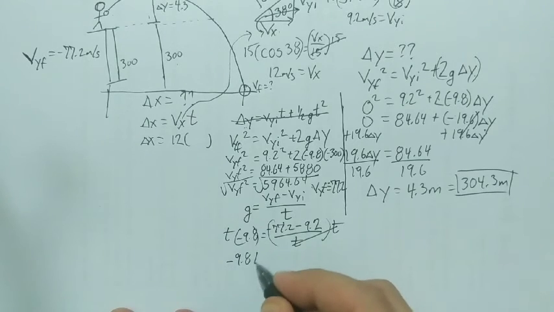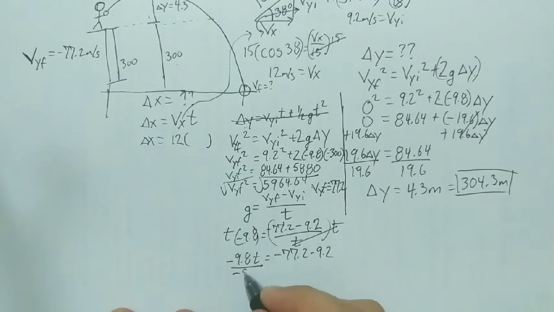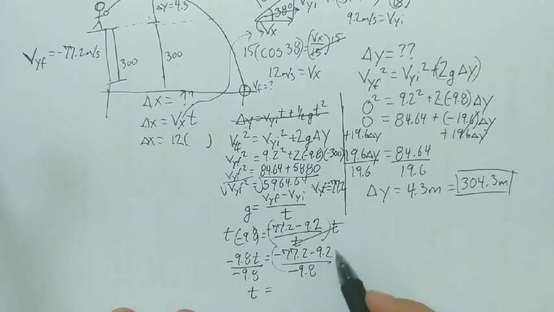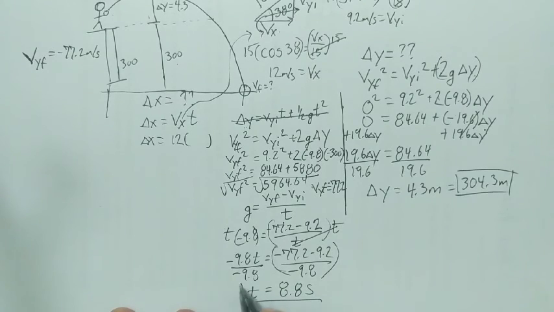Negative 9.8 t equals negative 77.2 minus 9.2. Then I need to divide by 9.8. I plug all of this in my calculator. Make sure you do your subtraction first before you hit your division. And that gives me a time of 8.8 seconds. So, using two equations, I know that was 2 steps, but I get a time of 8.8 seconds.